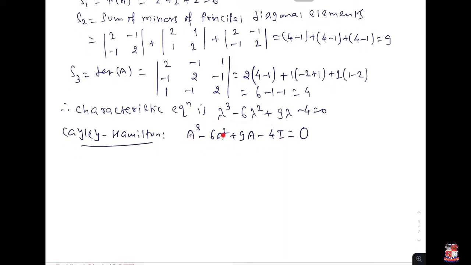So we need to find A squared, A cubed, and we need to keep them on the left-hand side, and we have to verify whether that is the zero matrix or not.